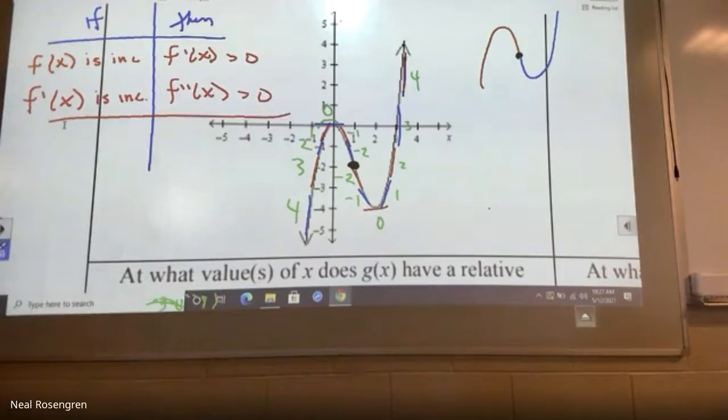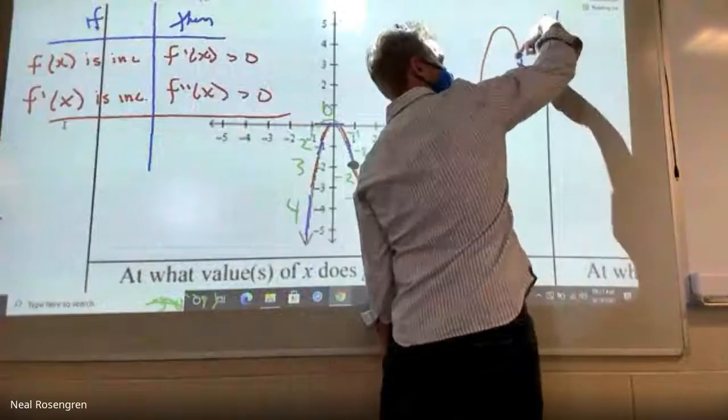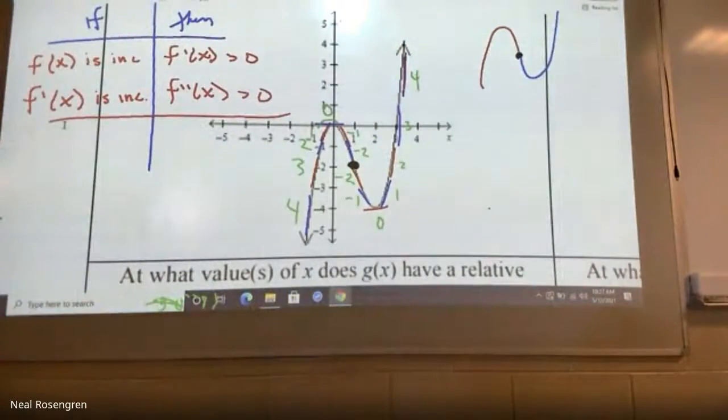Okay. And so what we can do is start to make connections from the second derivative back to the first. And say, oh, if the second derivative is positive, oh, then the first derivative must have been increasing along the way. And the only way that that can happen is when things look like this. Right? It doesn't have to have that like full parabola version. I can take a section of that, and the second derivative is going to be positive.